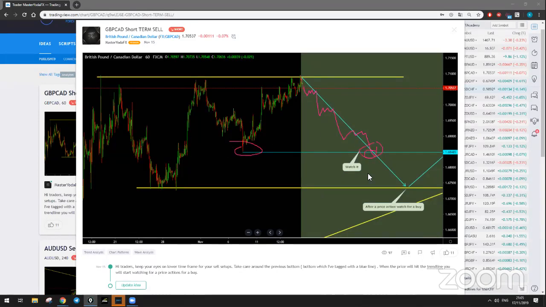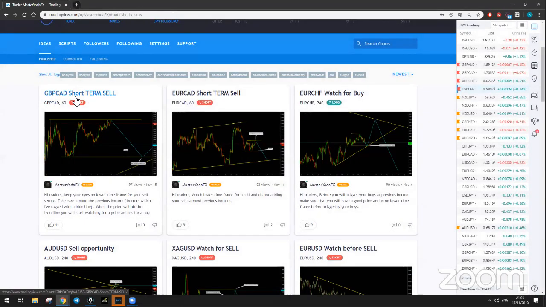But take care what happens around the previous bottom. If the price is aggressive around the previous bottom, you can hold it, but from there I recommend you take off your profit, because the price will start to rise. So GBPCAD should be on your watch list for the upcoming week.